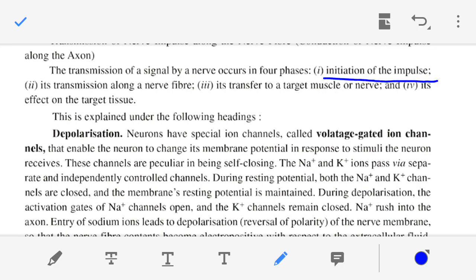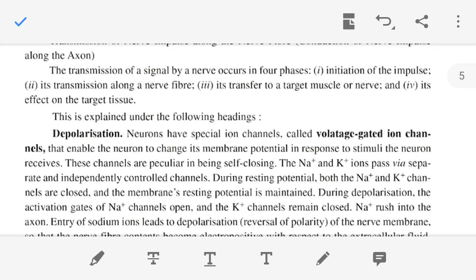One is initiation of the impulse. Second is transmission along a nerve fiber. Third is transfer of the nerve impulse into the target muscle or nerve. And finally, the nerve impulse will reach the target tissue. Okay, and the target tissue cells are going to start functioning now.